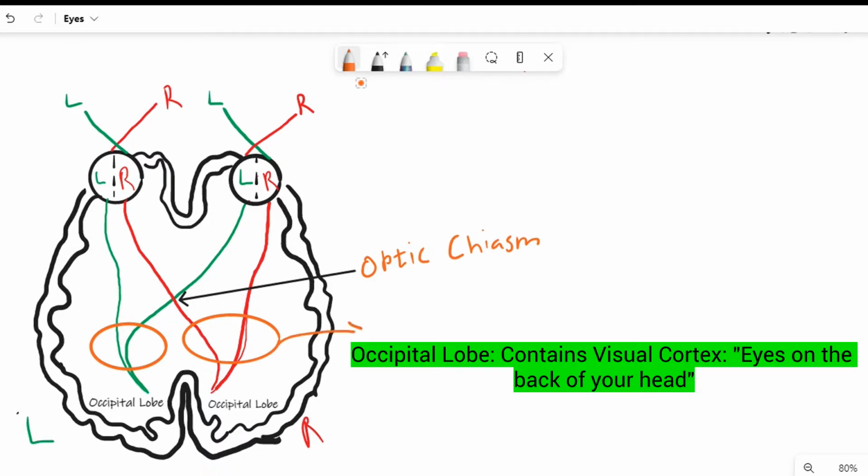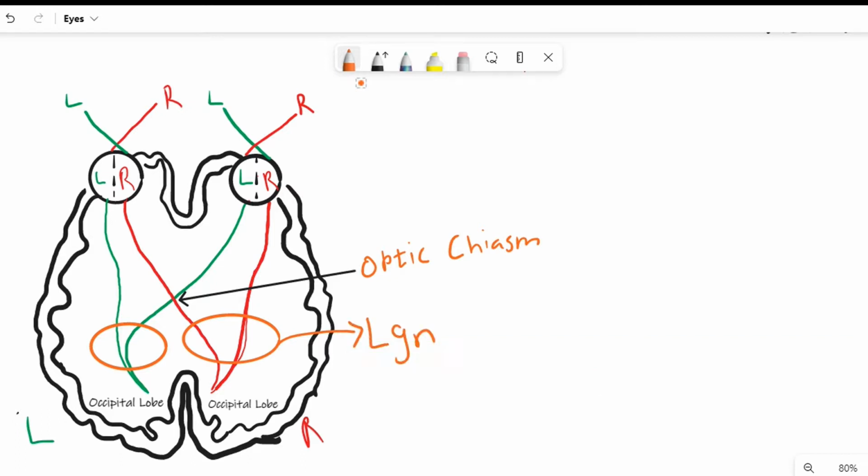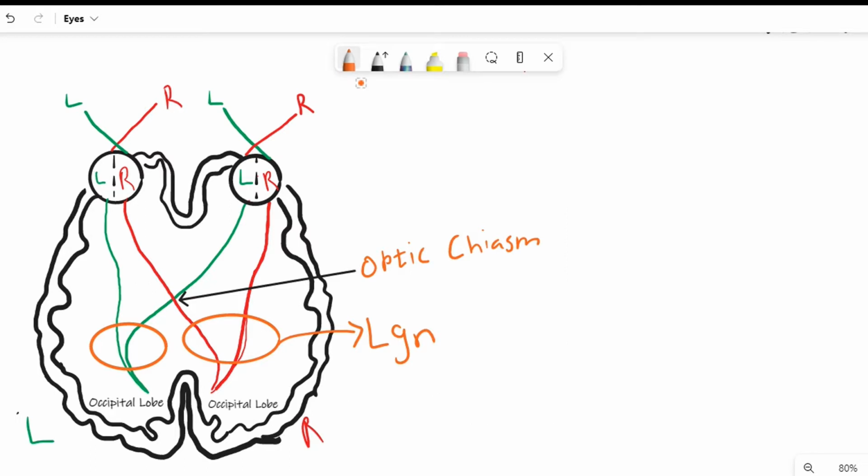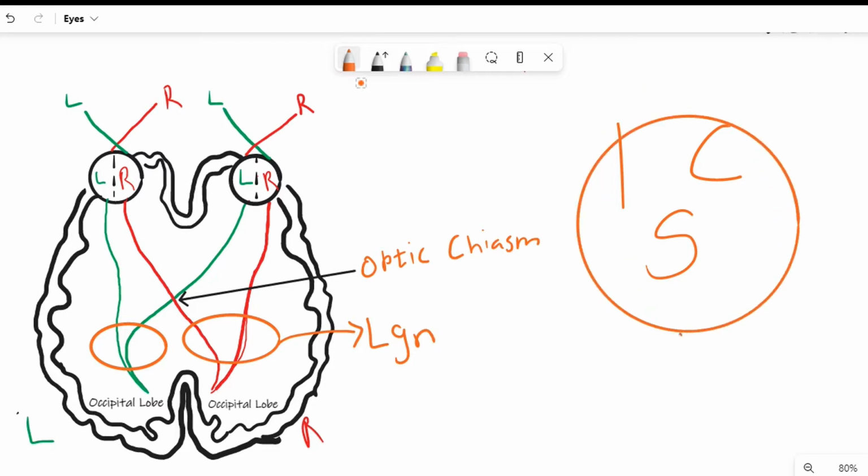So after it reaches your occipital lobe, the image is processed, and there's a famous study done by David Hubel and Torsten Wiesel, who were given a Nobel Prize for this study, and they found out that there are what are called feature detectors in your visual cortex, which basically sense the straight lines, the curvy lines, the different shapes in the image, and put all this together to make one whole image that your brain can interpret.